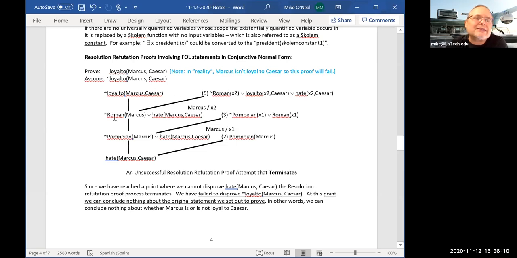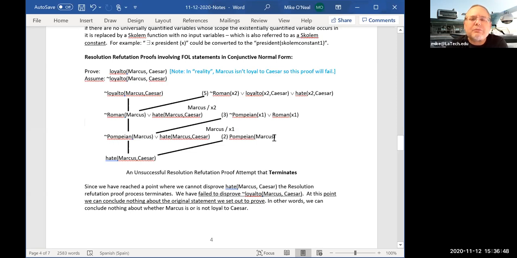If I use this and I bind x2 to Marcus, after merging and canceling, I'm left with either Marcus is not Roman or Marcus hates Caesar. Well, nothing says that Marcus is Roman directly, but we know that all Pompeians are Romans: not Pompeian(x) or Roman(x). So if I bind Marcus to x1, I can merge these things, and I end up with the Roman and the not Roman canceling, and I end up with either Marcus hates Caesar or Marcus is not Pompeian.